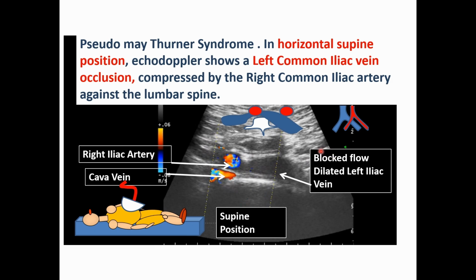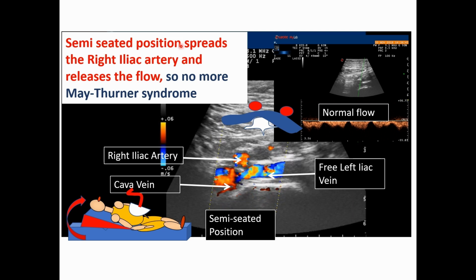Here, with the block, dilated left iliac vein. In semi-seated position, this spreads the right iliac artery and releases the flow, so no more May-Turner syndrome. Semi-seated here and the flow is free and normal on the left iliac vein. So it is not a true May-Turner syndrome.